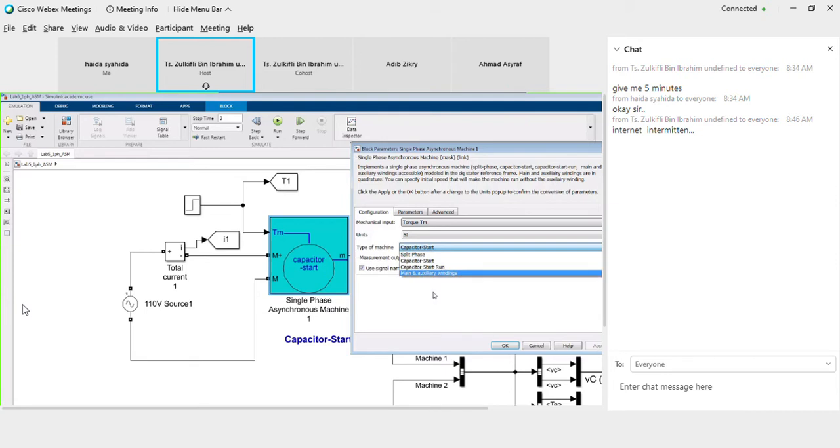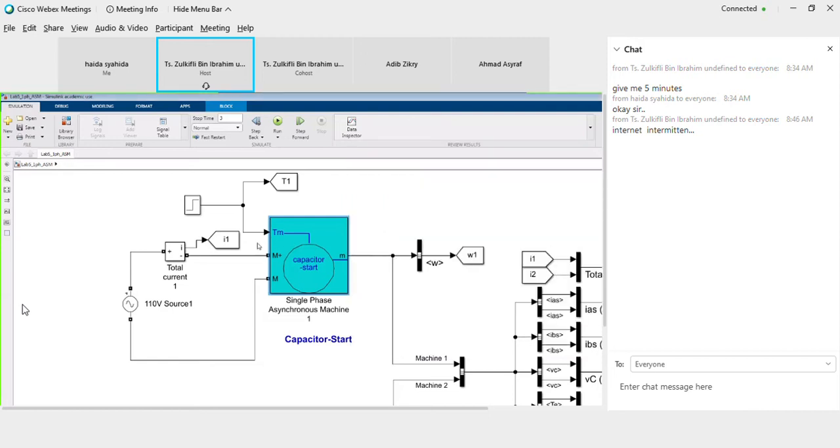Using the SI unit capacitor start for this first one, this is the source current. This is just for measuring the current, the total current. This is just to measure the current, and the supply M plus, and this is for the negative side, positive, and this is the negative.